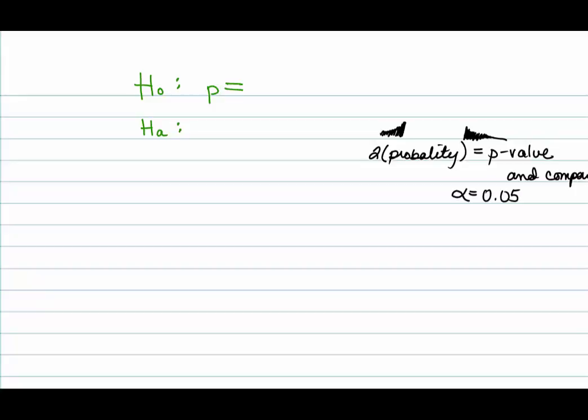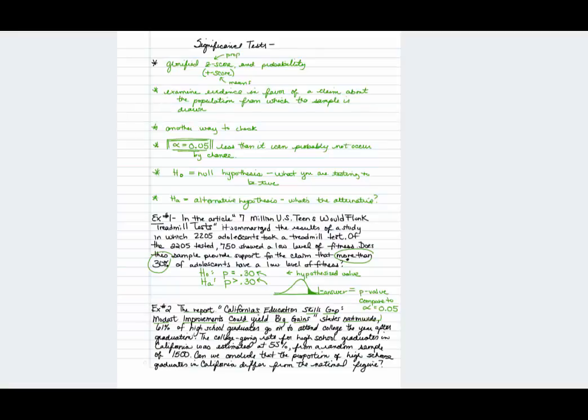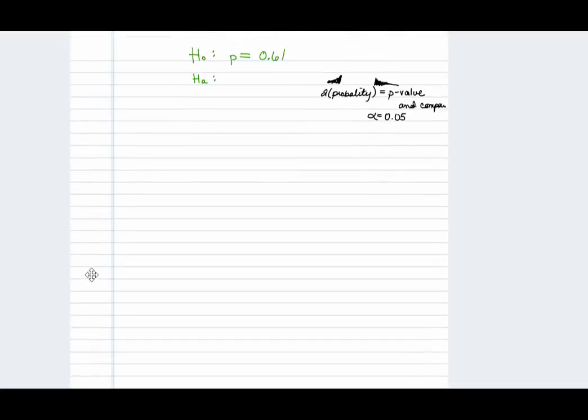So I would put in here 0.61. If you look at the rest of the question, there's no more than like the last one. There's no less than like the last one. It says, can we conclude that the proportion of high school graduates in California differs from the national figure? So if the national figure is 0.61, differing from the national figure would be not equaling 0.61.